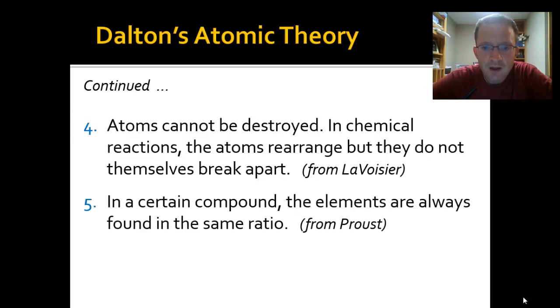And finally, the last section of Dalton's atomic theory is that in a certain compound, like water, sugar, carbon dioxide, salt, the elements are always found in the same ratio. That's very true, and this comes again from Proust's work on definite proportions, which means that water, H2O, will always be H2O, which means it's a 2-to-1 ratio. H2, 2 hydrogens, O, 1 oxygen.